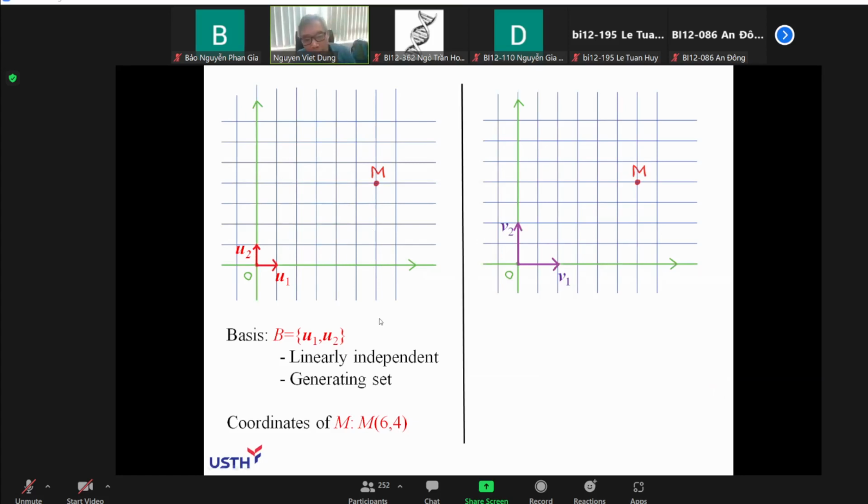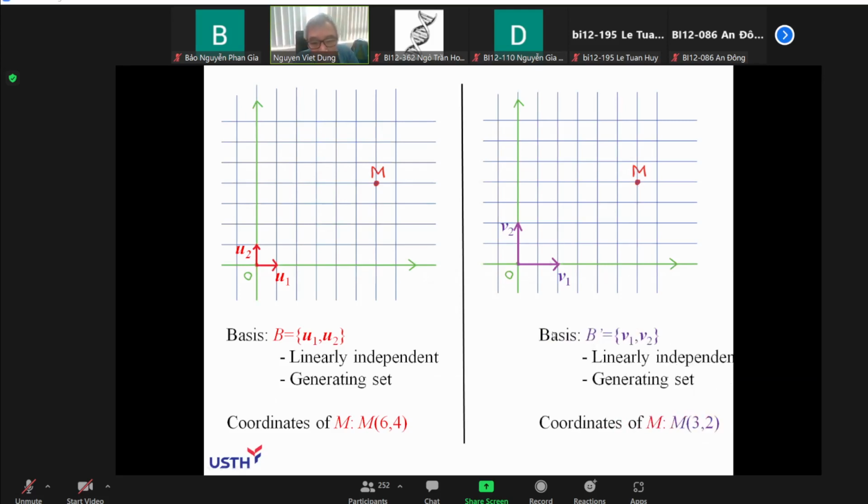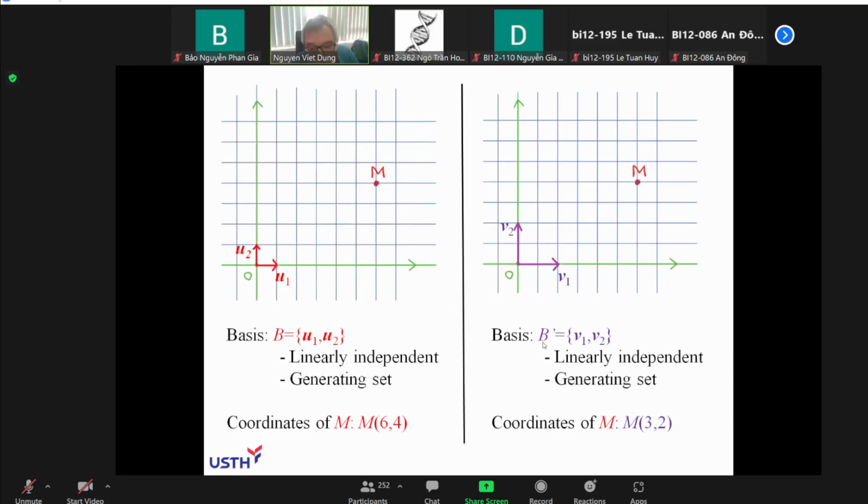But now on the right hand side, the same point on the same plane, we change. We consider a new basis, say B prime, consisting of V1 and V2. V1 is here, V2 is here. Once again, V1 and V2 are linearly independent and they are a generating set. So B prime is another basis for the plane.